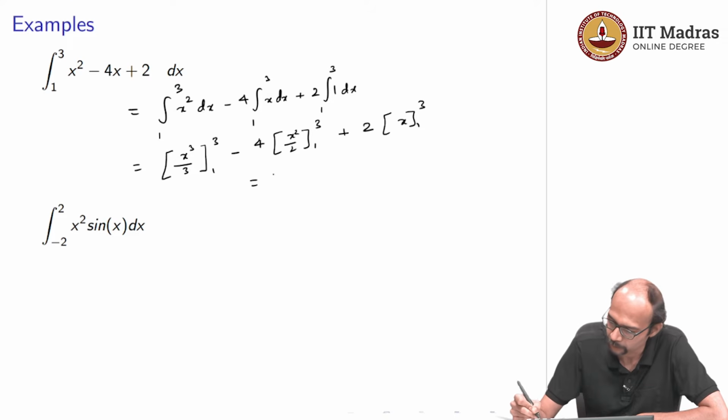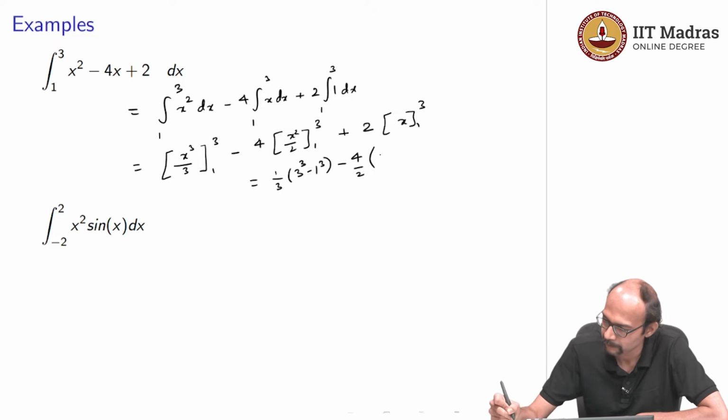And now we substitute. So, the first term gives us 1/3 times 3 cube minus 1 cube. The second term gives us 4 times, I can take my half out. So, 4 by 2 times 3 squared minus 1 squared, and the third term gives us 2 times 3 minus 1.